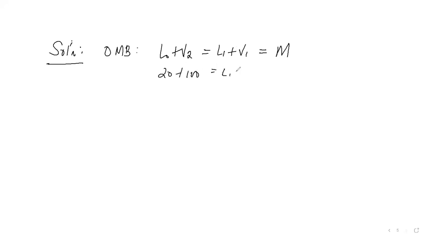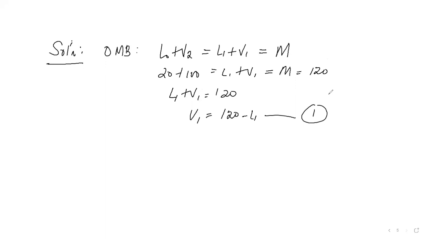You don't know L1 and V1, and of course the M, which is equal to 120. So your L1 plus V1 is equal to 120, or we can have V1 being equal to 120 minus L1. And just like what I said, most of the time you don't solve anything out of the material balance. So that's your one equation.